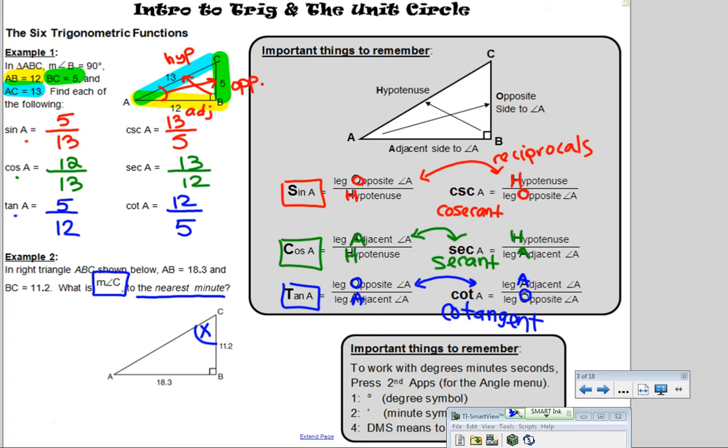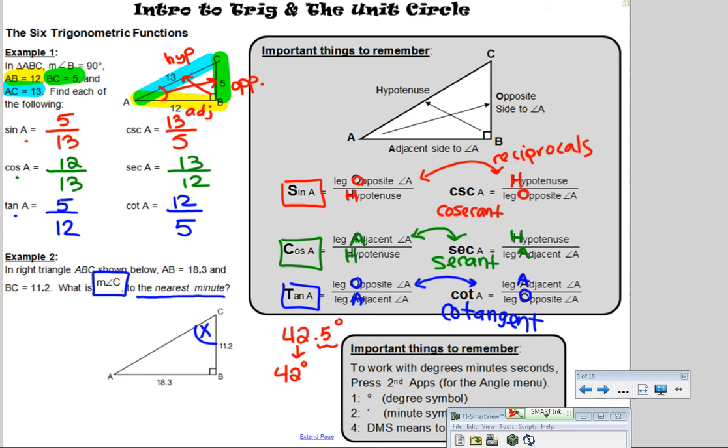Let's pretend, for example, that we get an answer of 42.5 degrees. So what would that be to the nearest minute? 42 would be 42 degrees still. But this part right here is where the minutes come in. Minutes and seconds, just like a clock. There are 60 minutes in an hour, so there are 60 minutes to a degree.